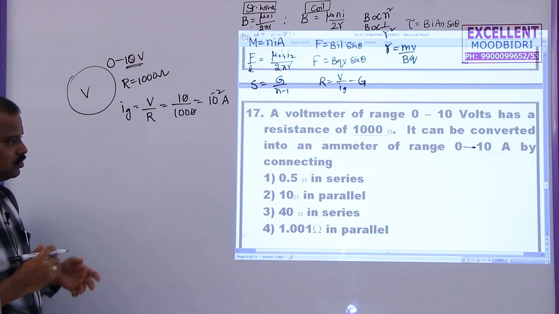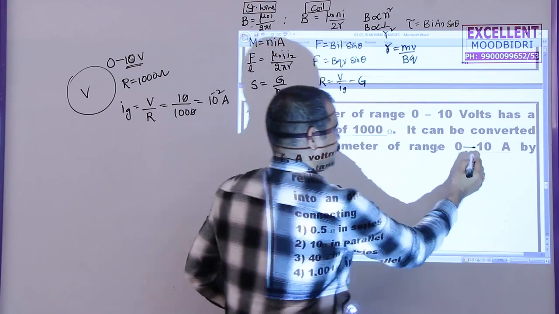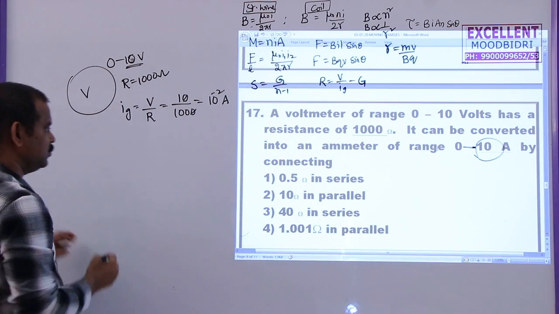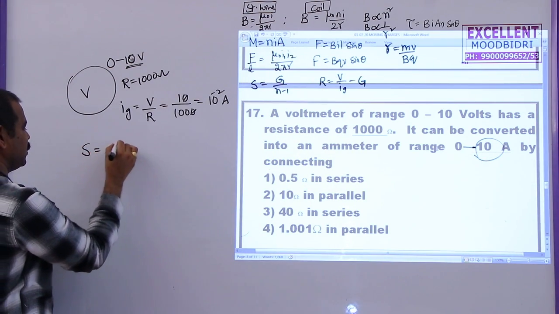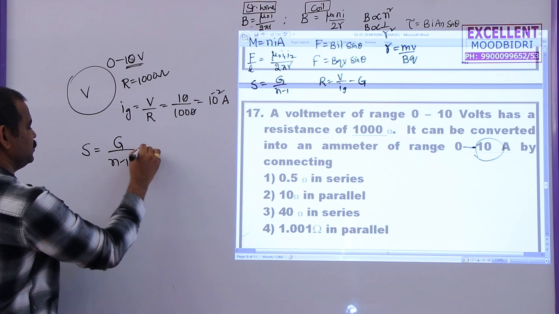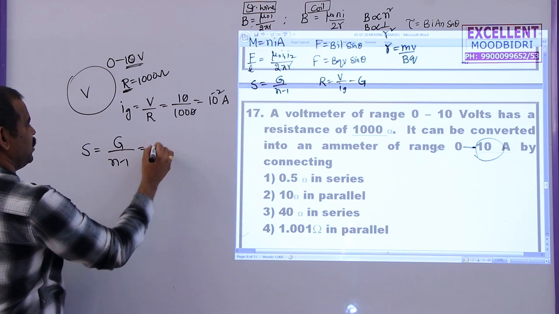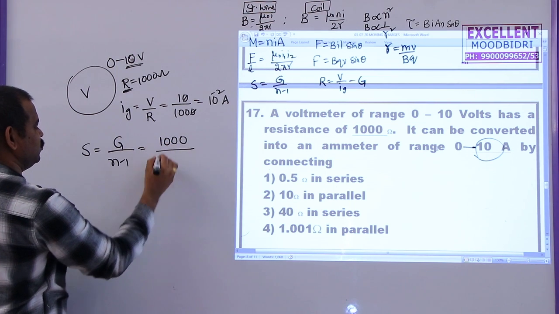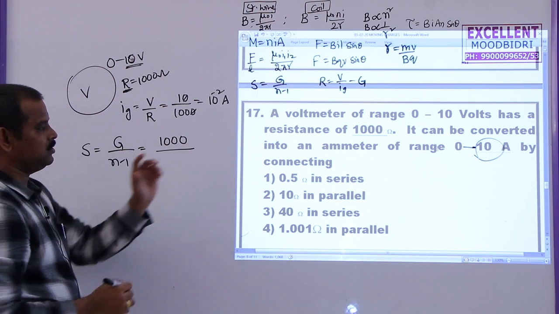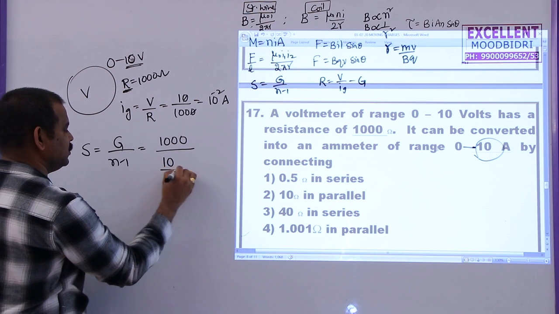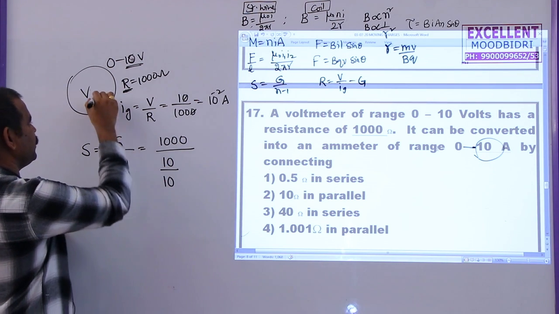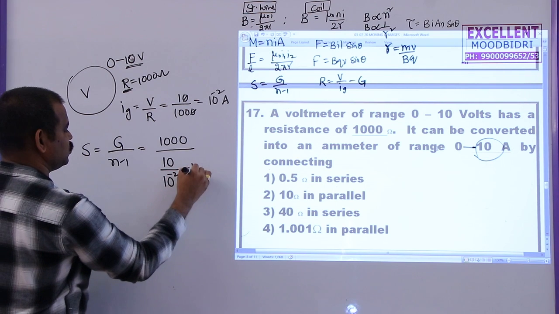Now I want to convert this into an ammeter which can measure up to 10 amperes current. So what is the resistance of the shunt that must be connected? S is G by n minus 1. G is nothing but the resistance of the galvanometer, which is 1000 initially. Now I want to measure 10 amperes, that is the main current is 10, and the current through the galvanometer is 10 power minus 2, minus 1.